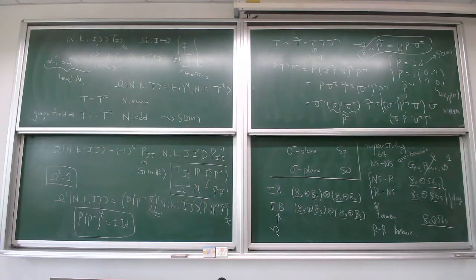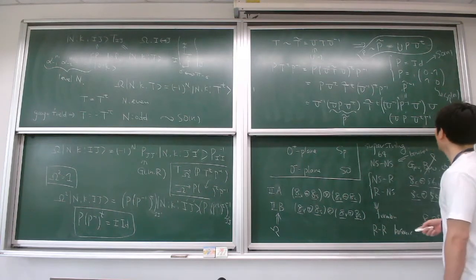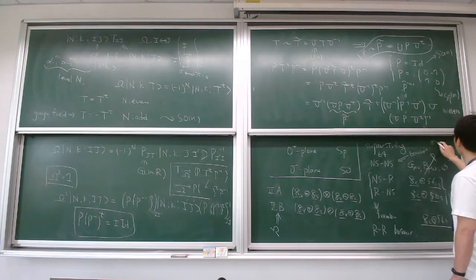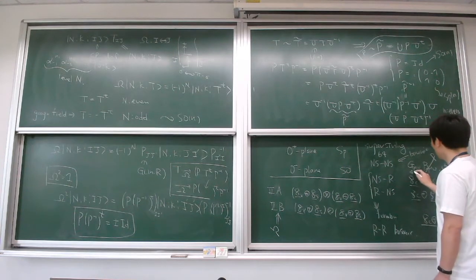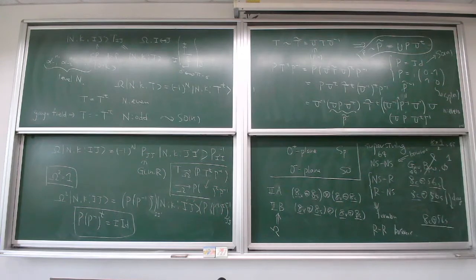And out of 64, how many of them are graviton? 35, let me think. It should be 8 times 8, symmetric traceless, right? Symmetric means you can have that diagonal element. So 45, is it correct? Then minus 1, 44. Do you agree with me?